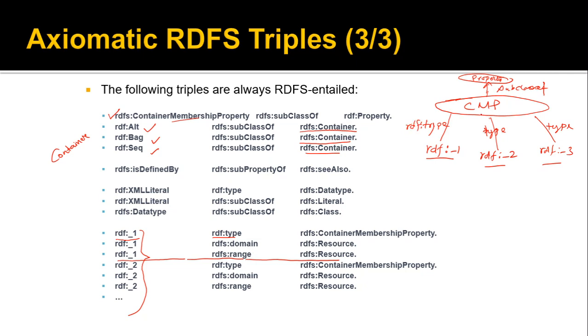So this is rdf:type container membership property, and it has got a domain to be resource, right? And a range to be resource. So how do we write rdf:_1 or rdf:_2 or rdf:_n? So you have something like this, and then you have rdf:_1, and here's something, right? So this is also a resource, and this is also a resource. So that's why the domain and range of both of them are resources, right?